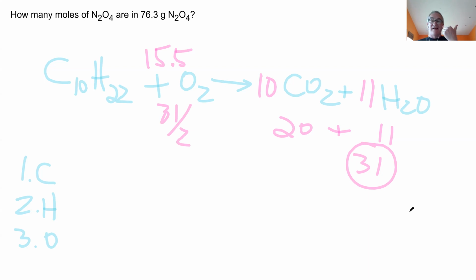Now, I can't really have that in a balanced equation. When we start doing thermodynamics, we can have numbers like that, but we can't have them in a balanced equation, because I can't have half atoms or half of a molecule. There's half of a mole, yes, but there's not half of a molecule. So what am I going to do to get whole numbers all the way across?